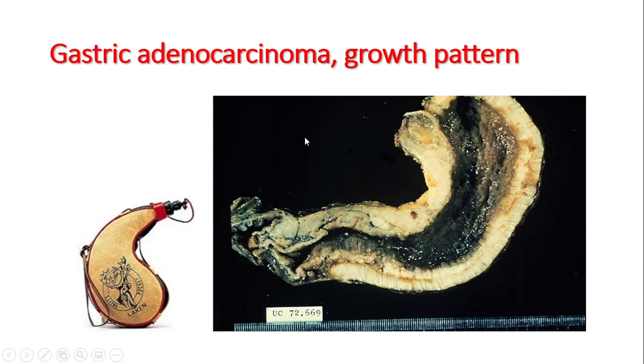So typically, this is what we call linitis plastica, or leather bottle appearance, diffuse involvement of the wall of the stomach by the tumor. There is no intraluminal mass. The stomach will be transformed into a rigid tube like a leather bottle.